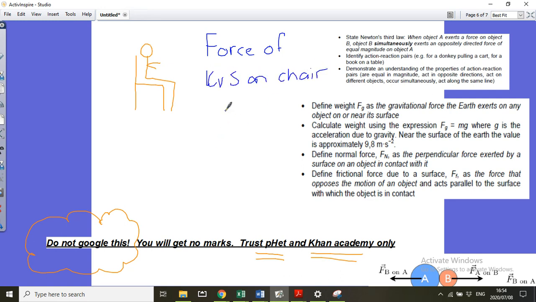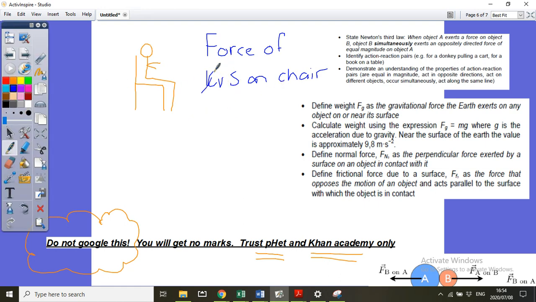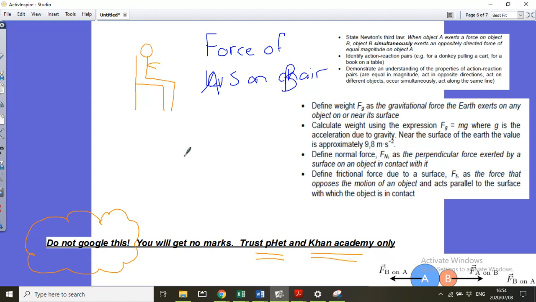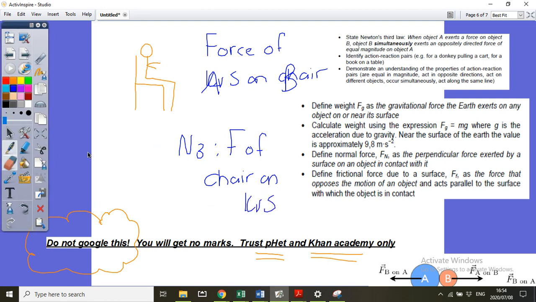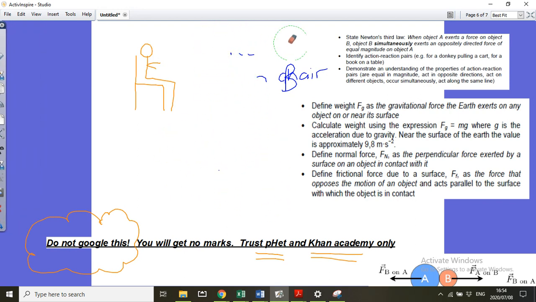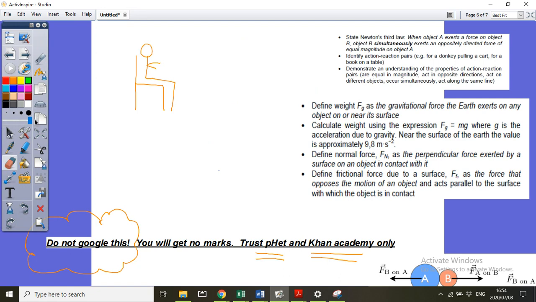That's way too simple, because all you're going to say, this is object A, this is object B, and you're going to say the Newton 3 pair is going to be the force of the chair on KVS. So, as you can see, I'm not going to ask you that. I don't think anyone will. That is why we use this as a chance to check your definition.